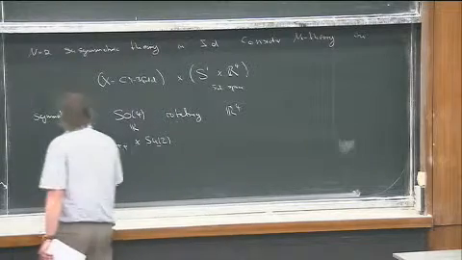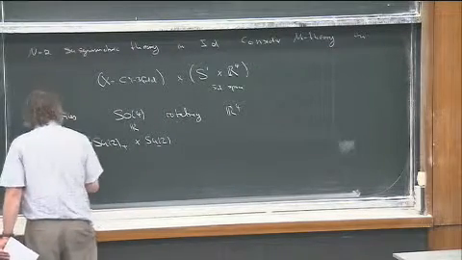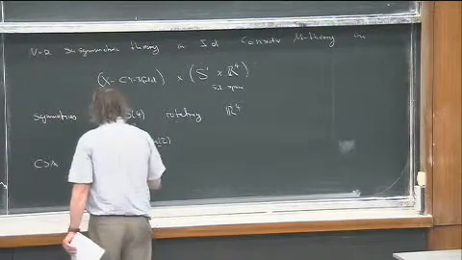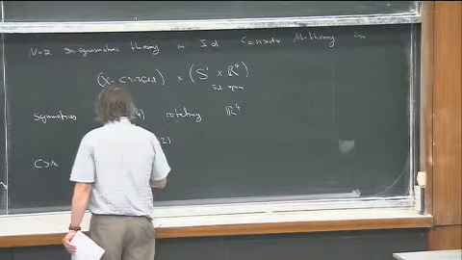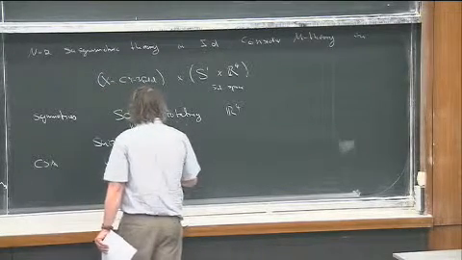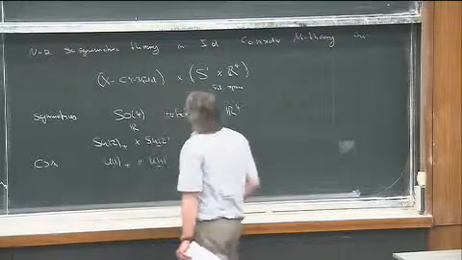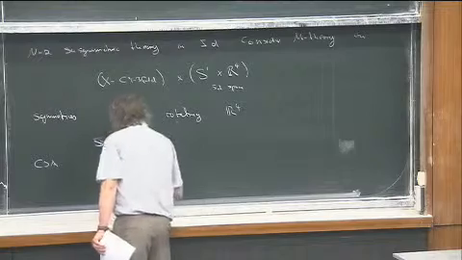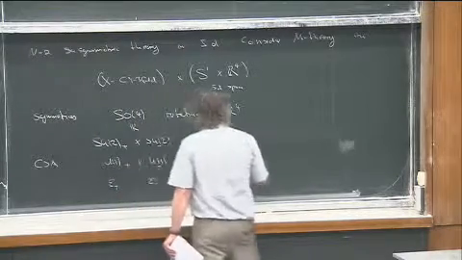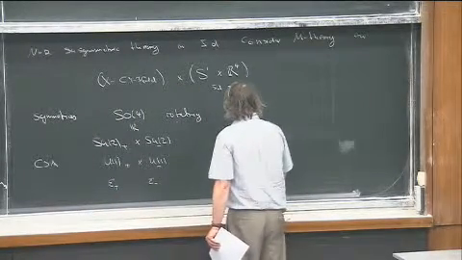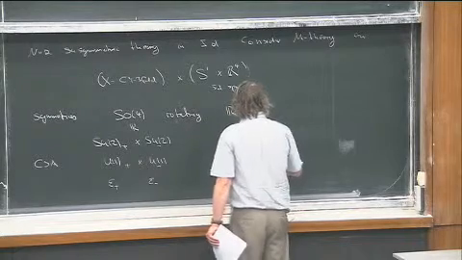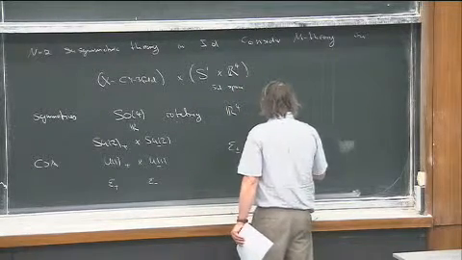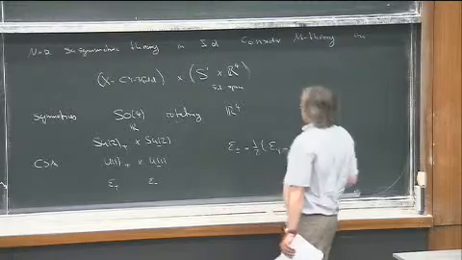And then we have the Cartan subalgebra, or the Cartan subgroup, U1 plus times U1 minus. And we actually call the rotations in this group epsilon plus and epsilon minus, where epsilon plus minus is just 1/2 of epsilon 1 plus minus epsilon 2.